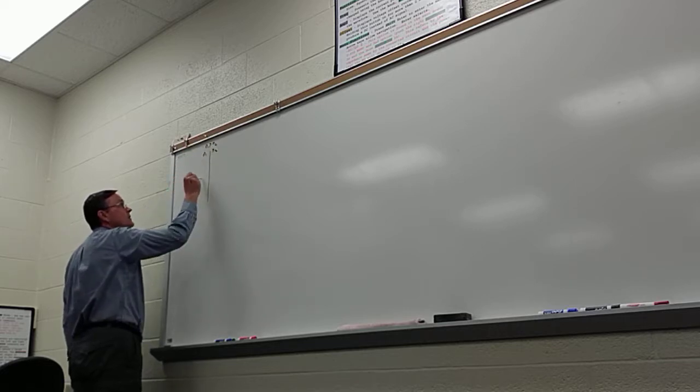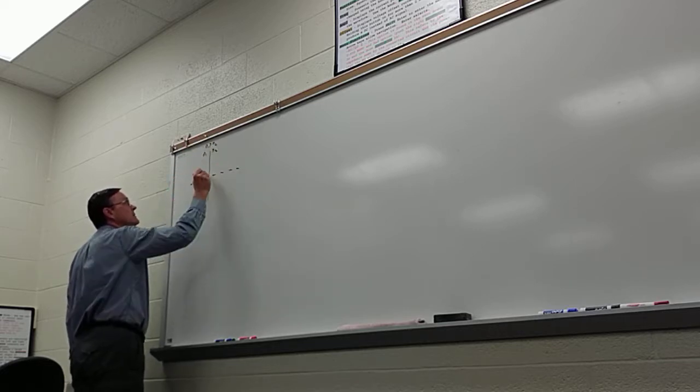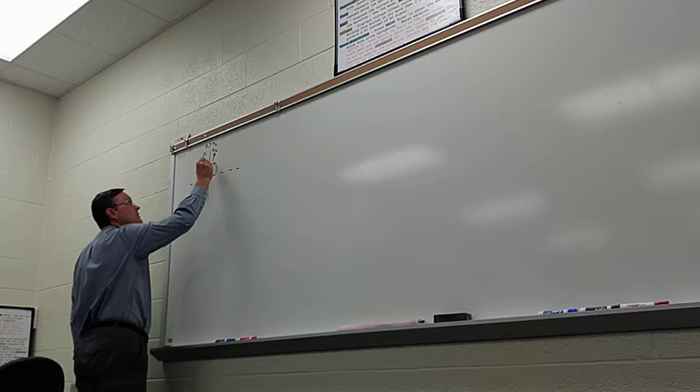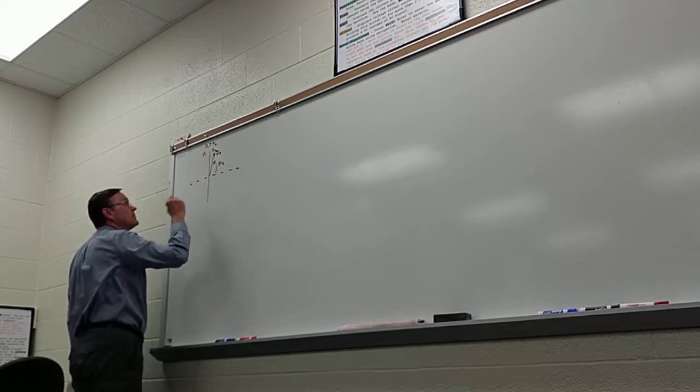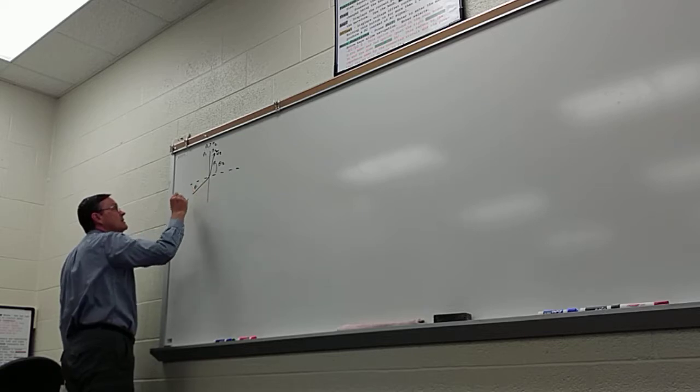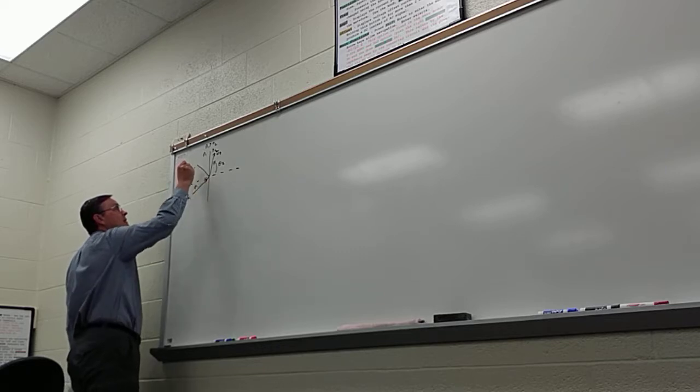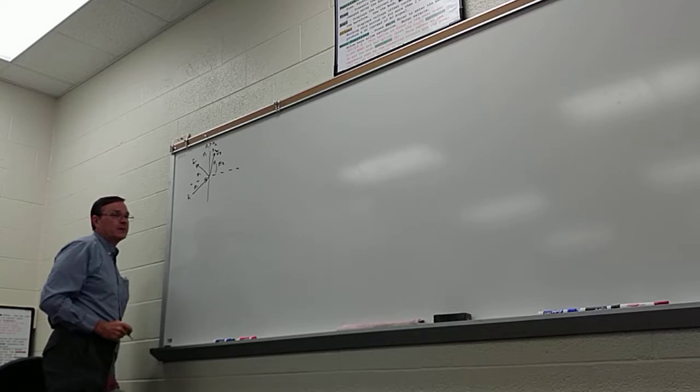Okay, so we were looking at a situation where we have the interface between two materials with n1 greater than n2, and the transmitted wave vector, kT, is at some angle theta 2, the incident wave vector at theta 1, and then the reflected wave vector at theta 1.